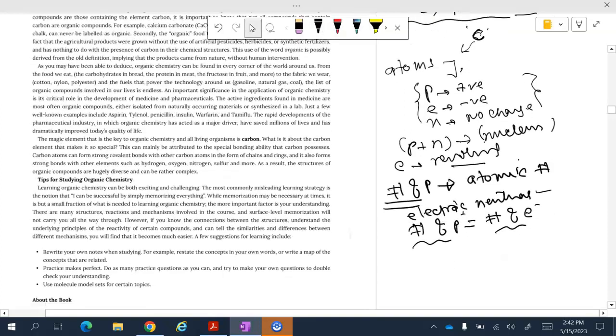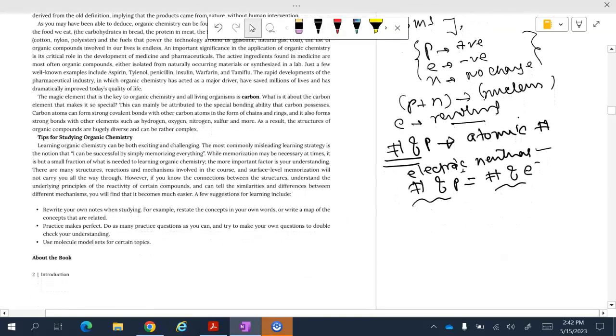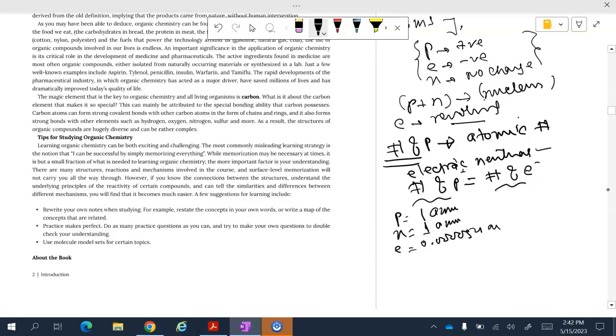Okay, and the proton has a mass of 1 atomic mass unit, AMU. Neutron also has 1 atomic mass unit, and the electron has a very negligible mass, like 0.0000054 atomic mass unit. So we almost neglect the mass of the electron.